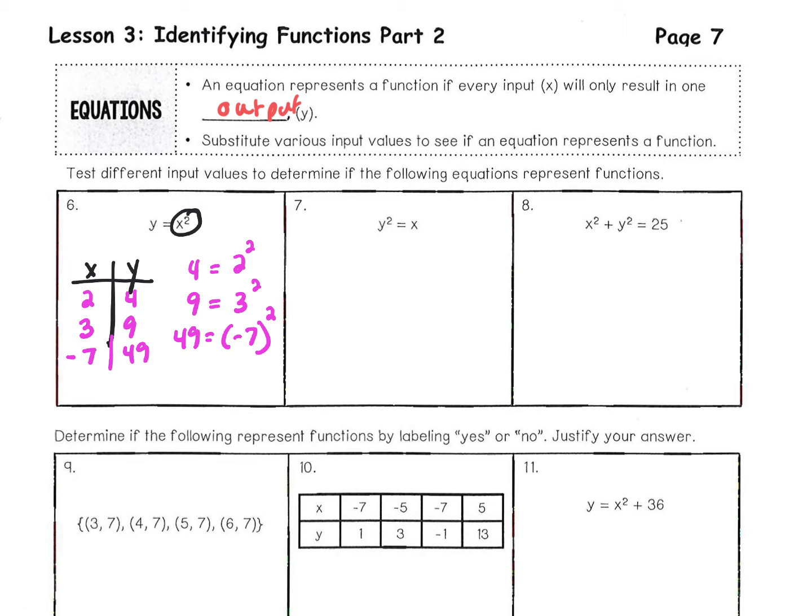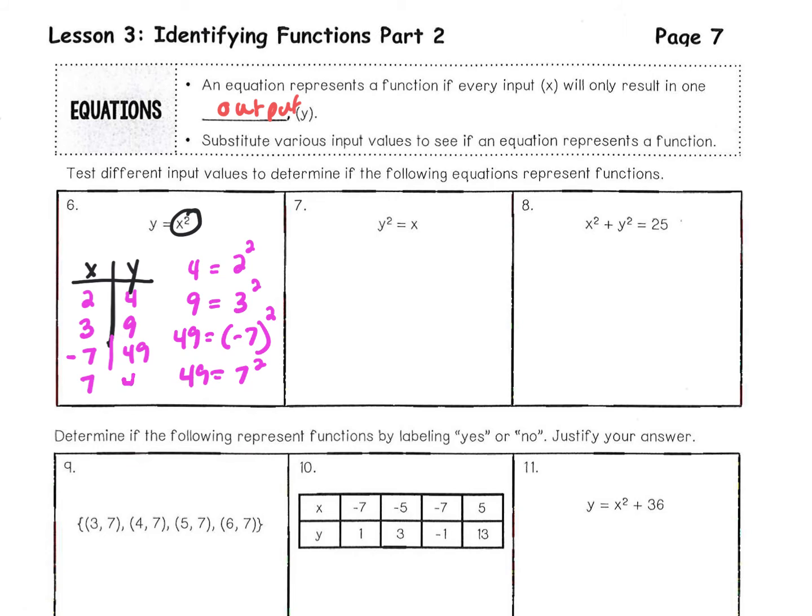So 2 has just 1 output of 4, 3 has just 1 output of 9, -7 had 1 output of 49. What if I would have used +7? So let's try that. If I use +7, the output is also 49.